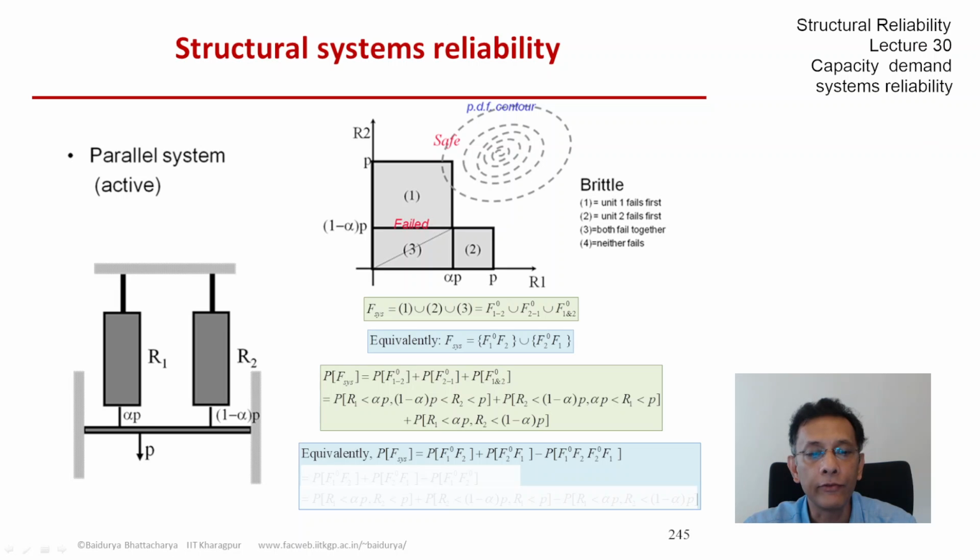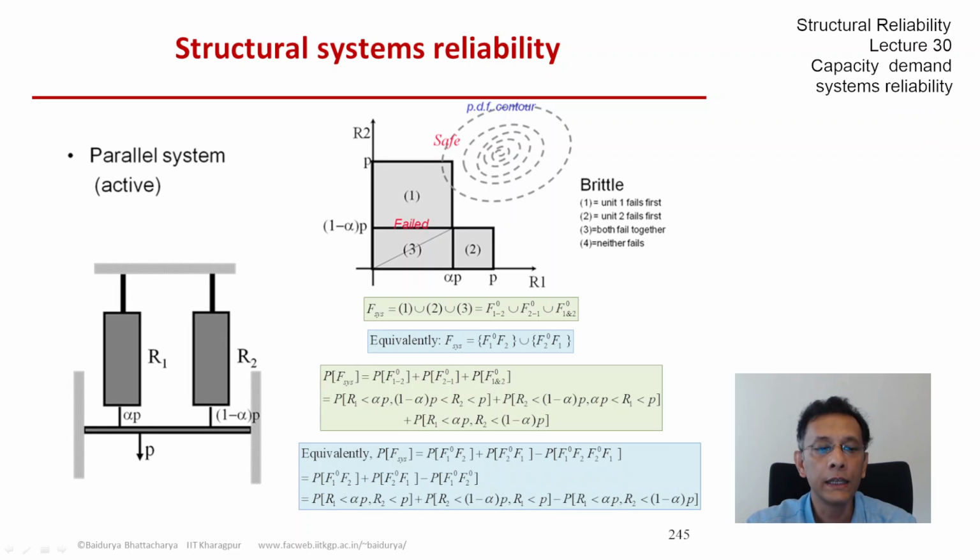And if you go through the steps carefully, you end up with the sum of two probabilities and a subtraction of the intersecting area. But in the end, they will give you the exact same answer. Again, which one we choose depends on the particular structure and how easy it is to analyze one way or the other.